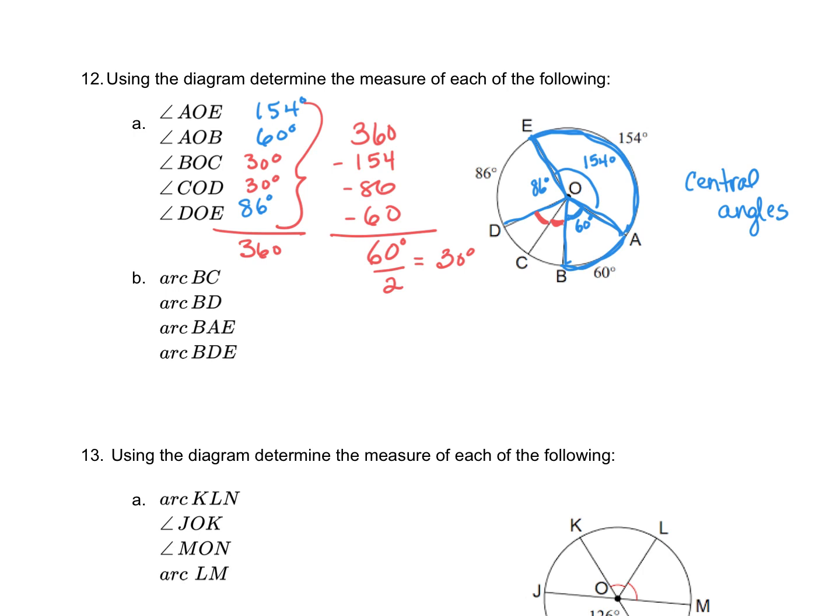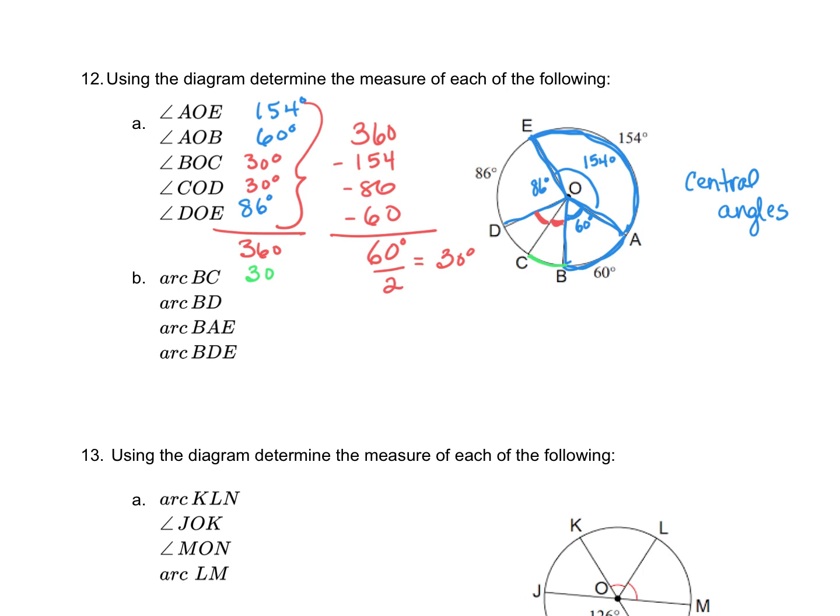So go ahead and write in the measures for arc BC, BD, BAE, and BDE. Okay, so as we just determined, BC we said was 30.